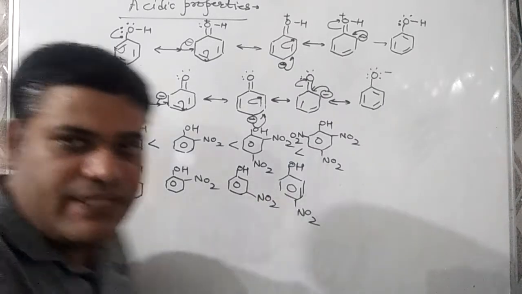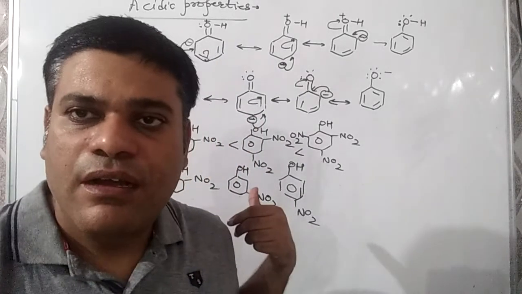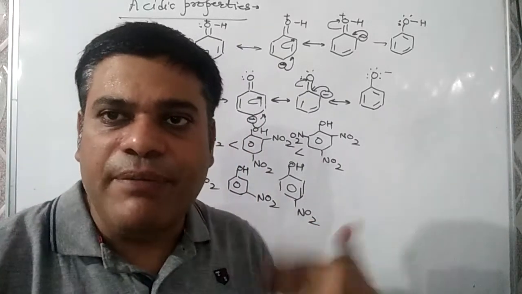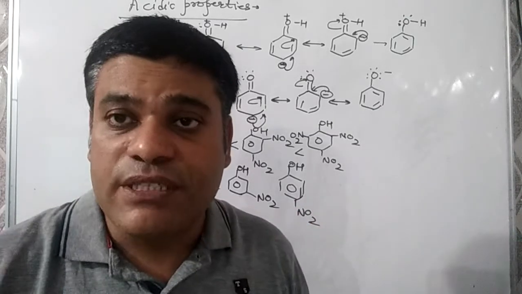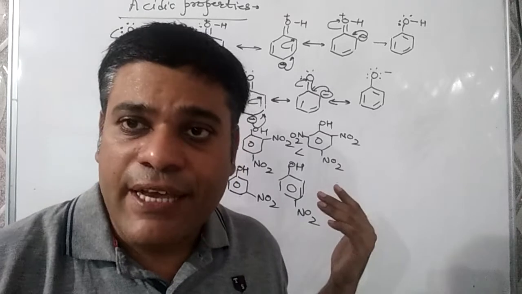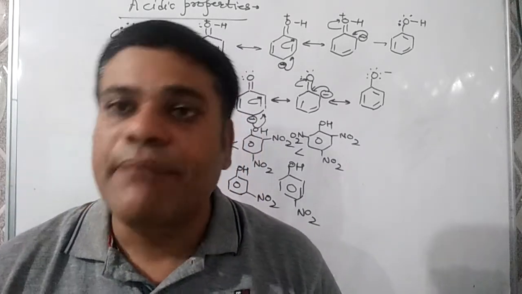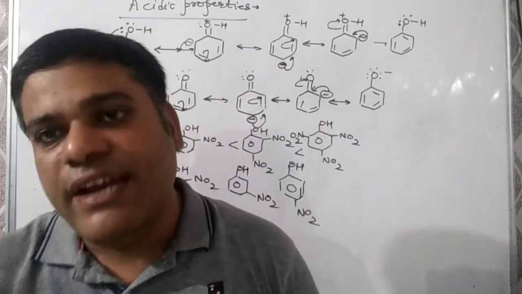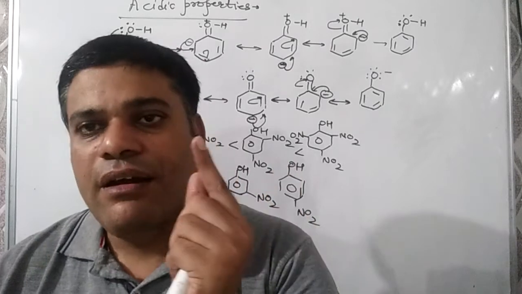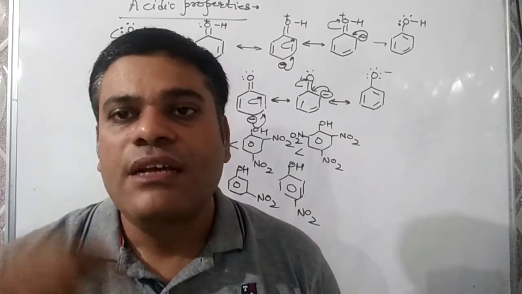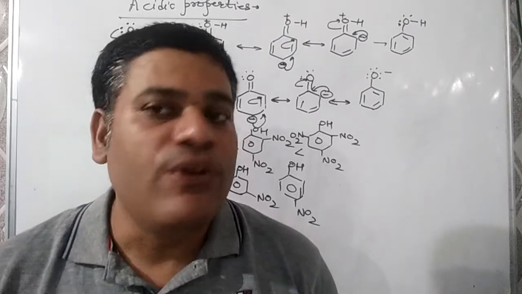As we know, at the meta position there will be inductive effect, but at the para position or ortho position there will be resonance. That's why phenol will be least acidic, then meta, then ortho, and finally para. Acidic strength follows the order: phenol, then meta-nitrophenol, then ortho-nitrophenol, and most acidic will be para-nitrophenol.